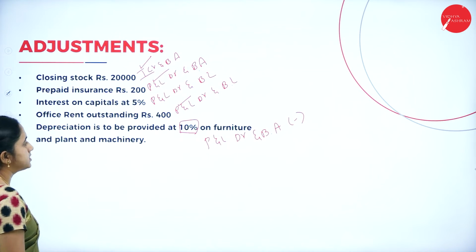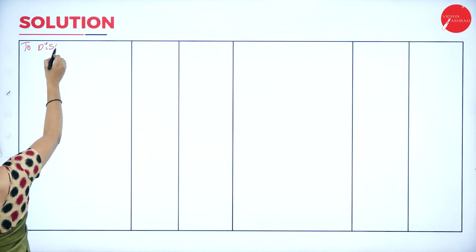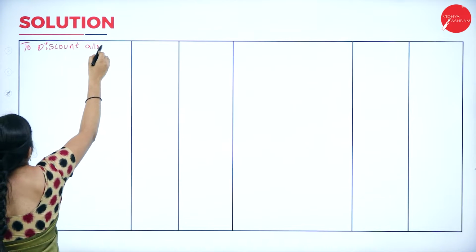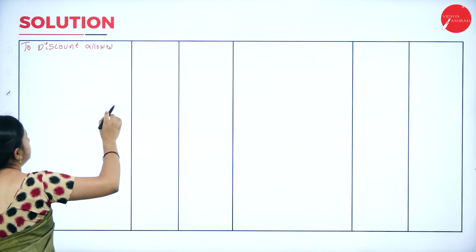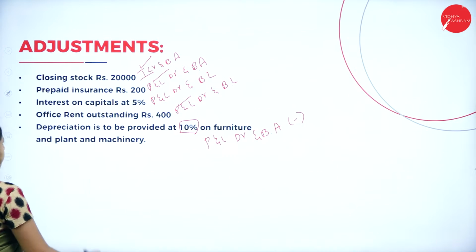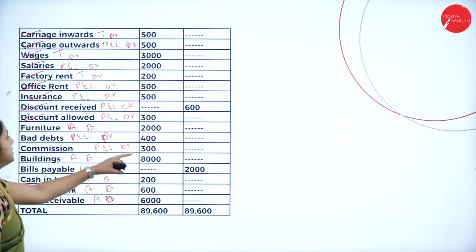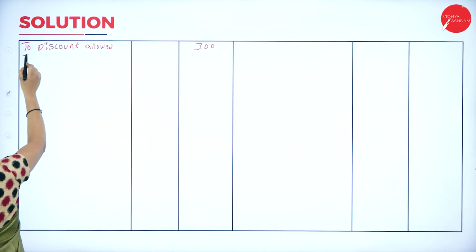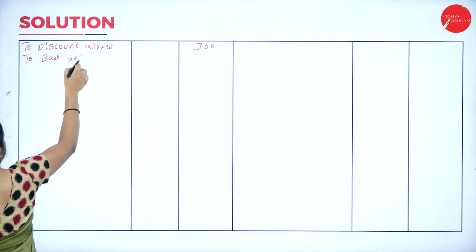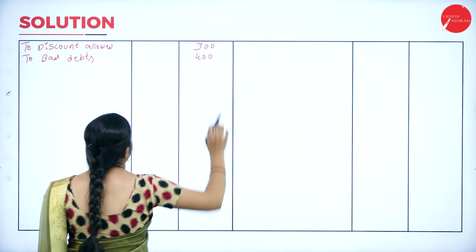It is debit side, so write to discount allowed 300. Next, bad debt 400. To bad debt 400.